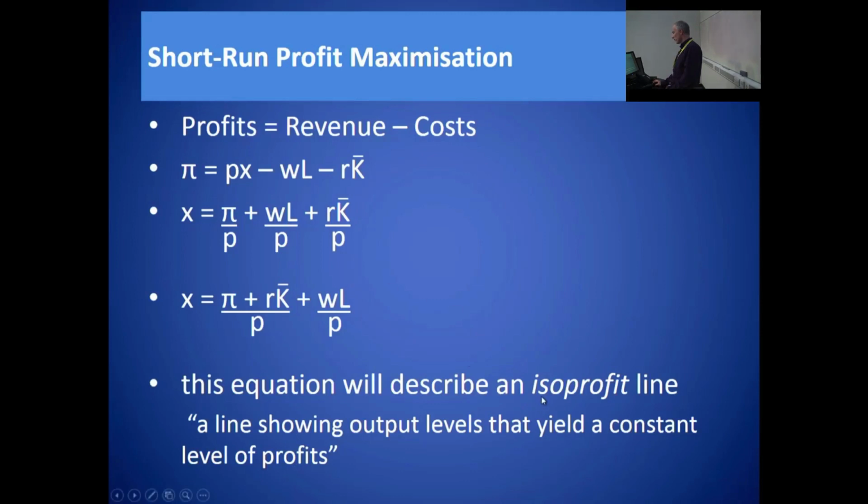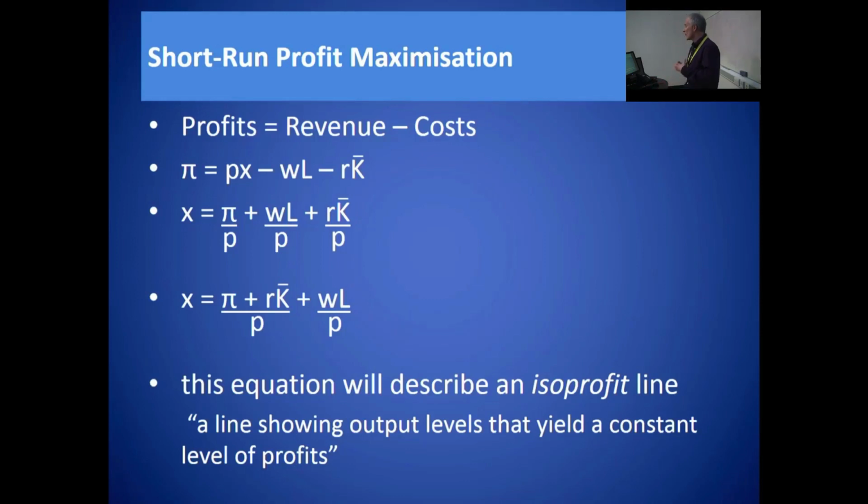What we've got here is an iso-profit line. So it's equal profit, a constant level of profit. And so this expression that shows the relationship between output, X, and the number of units of labour used, that is an iso-profit line.